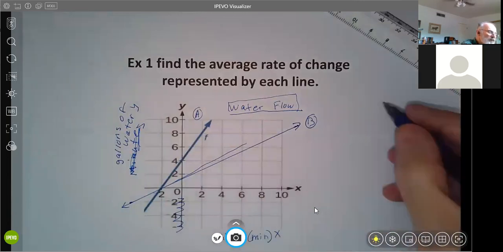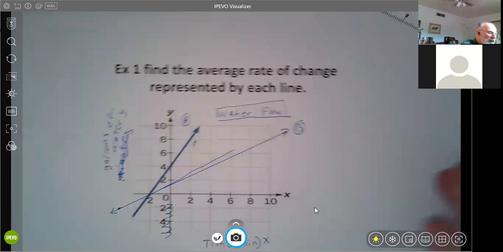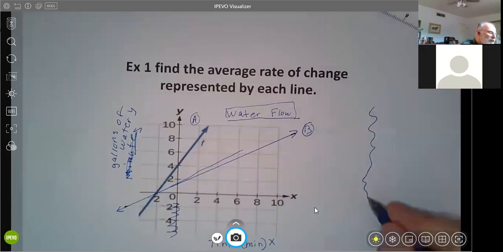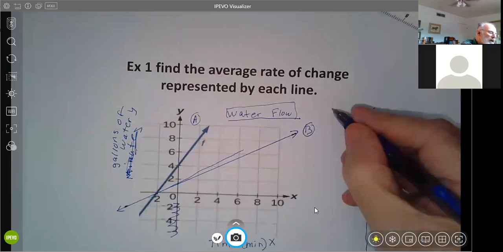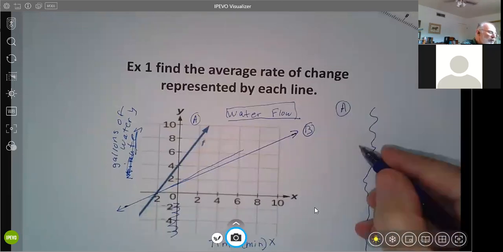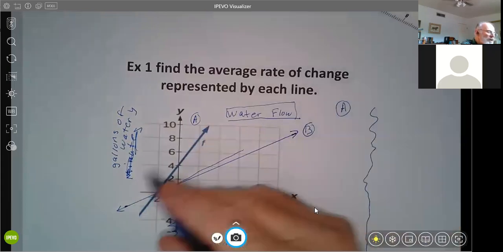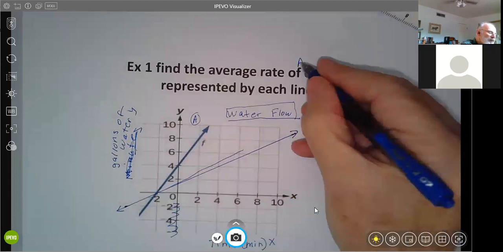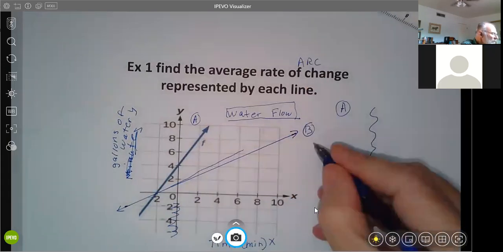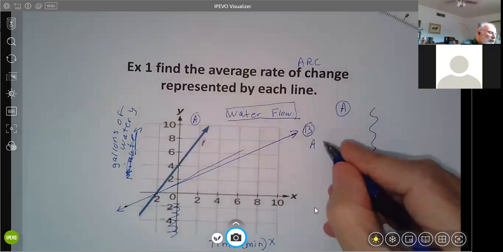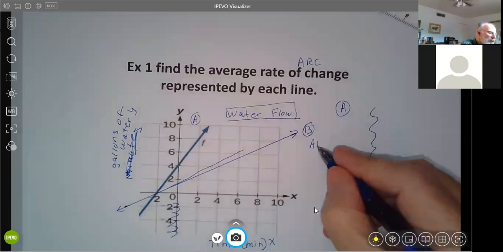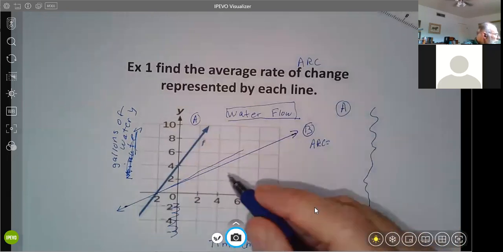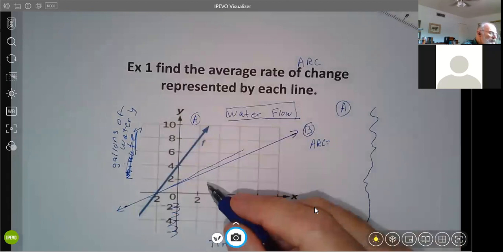So for the A situation and the B situation, I'm just going to divide this. So A, this is A. For A, we're going to talk about the average rate of change. So we're going to call this ARC, just average rate of change, abbreviating. So ARC is going to equal, so we've got to figure out the rate of change. So we're going to have to get some points.